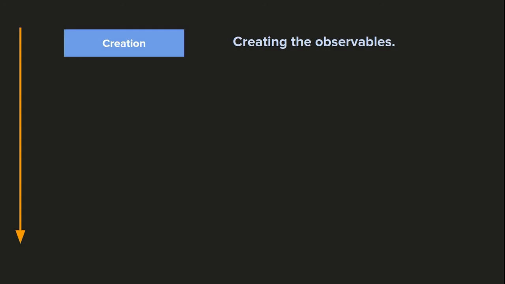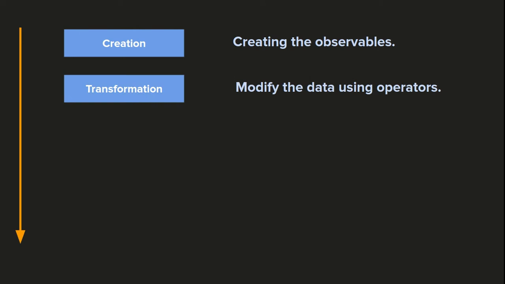The first step of an RxJava task is to create observables. If you haven't seen the previous video, I suggest you go to the previous video and see what observables are. When we are done with creating the observables, we have to modify some data using operators, right? That stage is called transformation.